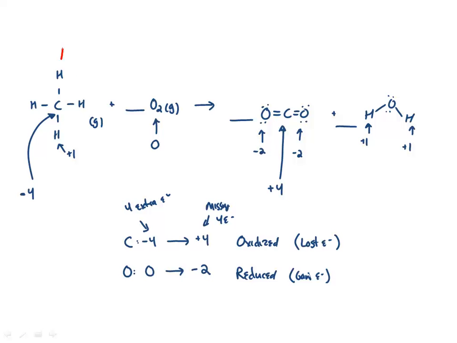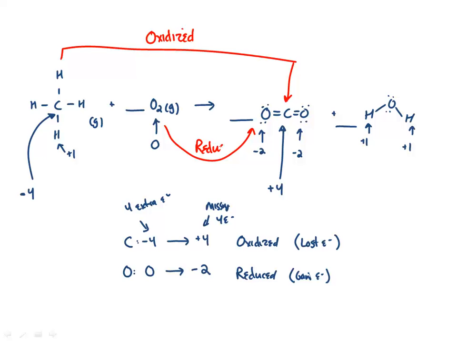So, what we really want you to be able to recognize is that carbon was oxidized, and oxygen was reduced. Meaning in every oxidation reduction reaction, somebody is oxidized and someone is reduced.